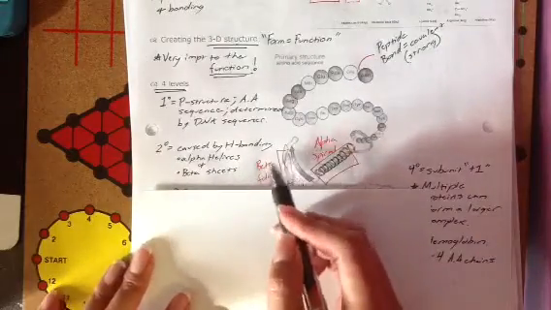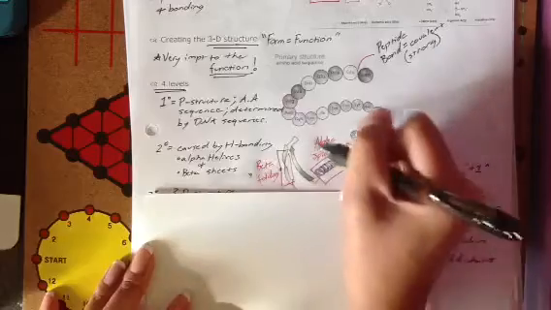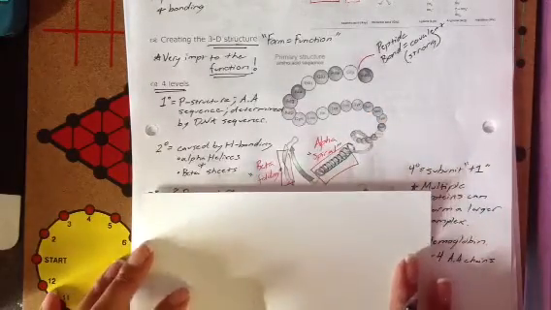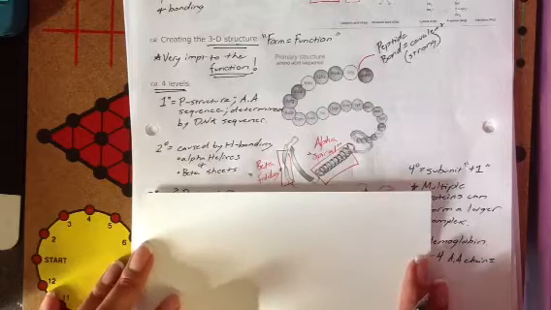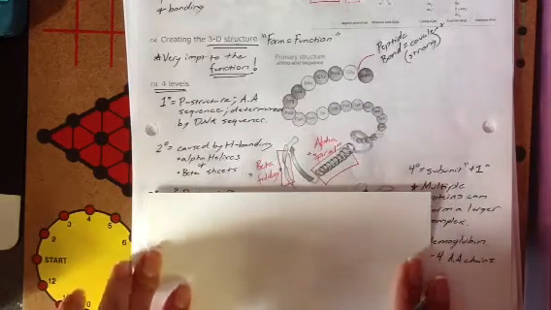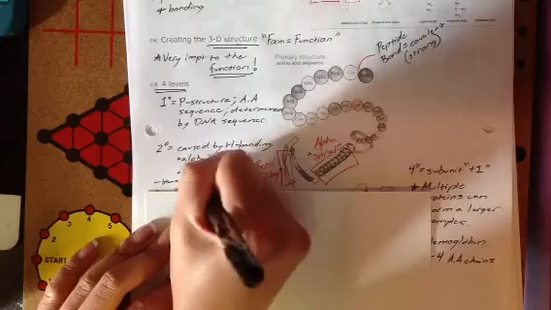Your beta sheets are where you see folding, and your alpha helixes are where you see these spiral structures. But this gives us our secondary shape. Okay, and these are just between the amino acids themselves. So we can add that in, between amino acids.